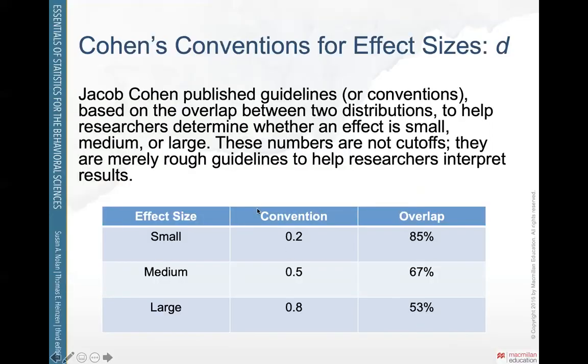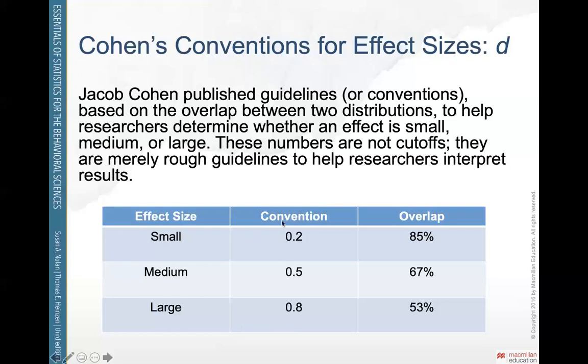And I want to point out one more thing about Cohen's d, which is that these numbers right here, Cohen's d, represent the amount of separation between the sample mean and the population in standard deviation units. So if you get a Cohen's d of 0.8, what that means is that the amount of separation between the sample mean and the population is 0.8 of one standard deviation.